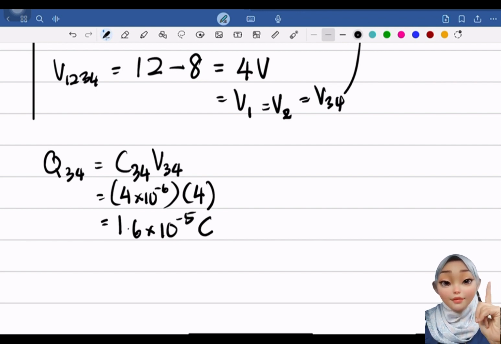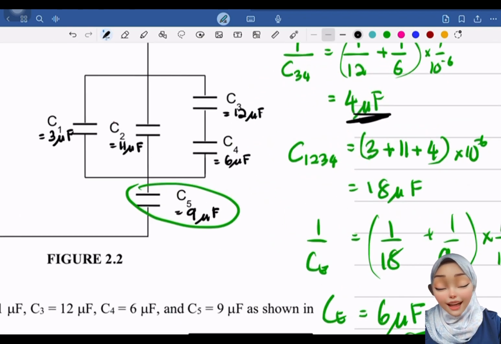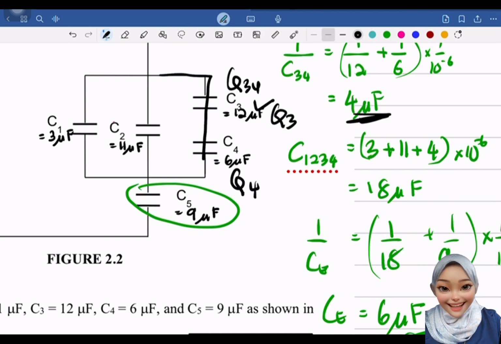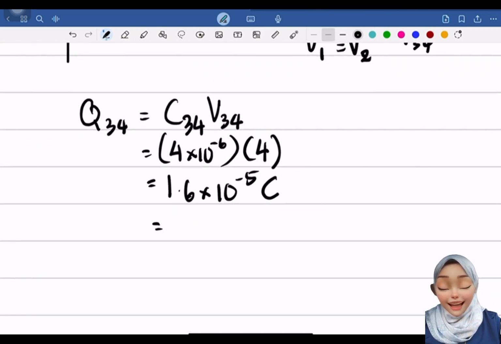Perasan tak Q34 ni maksudnya dia mengalir dekat dalam sungai yang sama. So kalau Q34 means that Q yang lalu dekat Q3 dan Q4 juga. Okay, so kita dapati bahawa inilah sama juga dengan Q4. So, akhirnya kita boleh dapatlah masukkan dekat dalam energy equation kita.